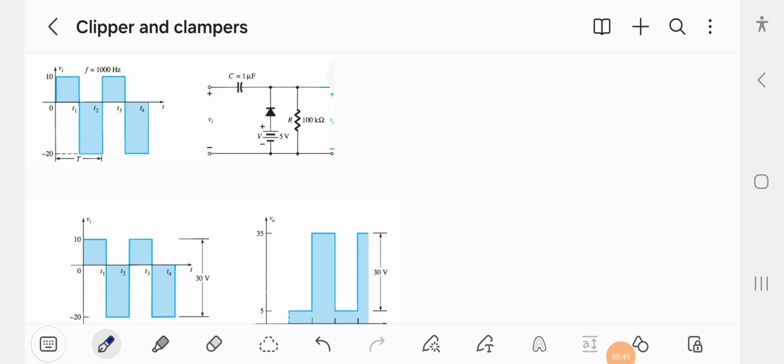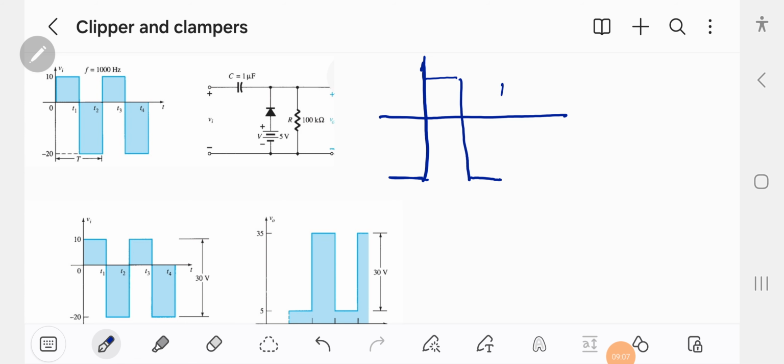When the network is getting this type of signal, for the negative swing the diode is on.